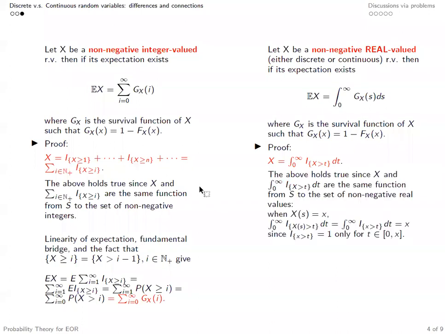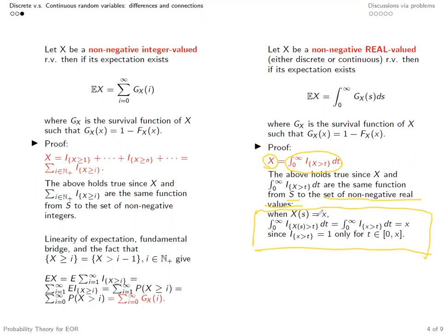Again, the above holds true since the left-hand side of this identity, and the right-hand side of this identity, a Riemann integral of the indicator function, are essentially the same function from this underlying sample space to the set of non-negative real values. Let's think about this example.